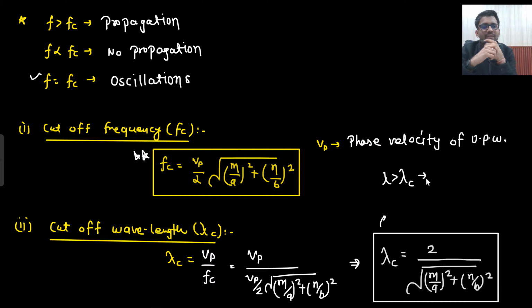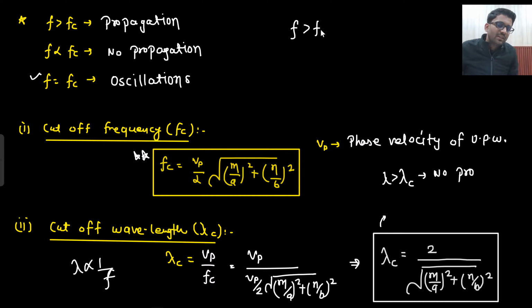If lambda is greater than lambda c, no propagation. If f is greater than fc, then there is propagation. But what is the relation between lambda and f? Both are inversely proportional, no? If lambda is greater than lambda c, that is the condition of no propagation. If f is greater than fc, that means there is propagation.